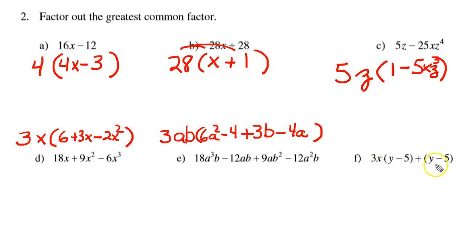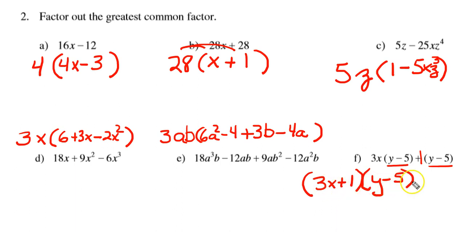Now, for something like this, you might say, what's a common factor? Remember, there's a 1 in front of this. So in a sense, this is a common factor. So, if you recall from an earlier lesson, we said we could then say 3x plus 1, that would be this 3x plus 1, put that in a parenthesis, and then now our common factor is y minus 5.